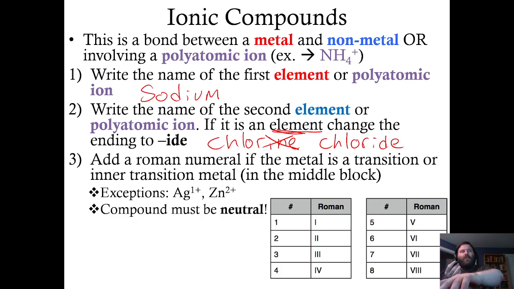And the compound must be neutral. So, continuing with our sodium chloride here, we would just take these two and combine them together, and that is the name for NaCl. We will do more examples, but make sure you have this down.